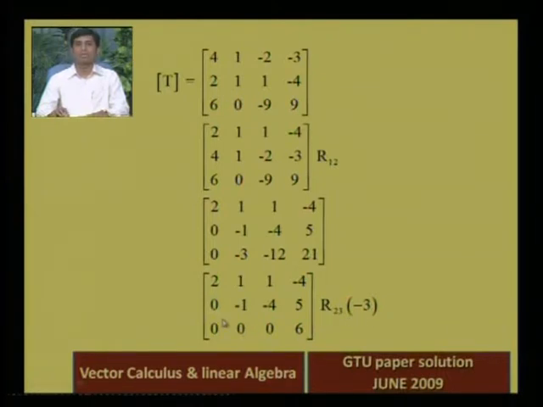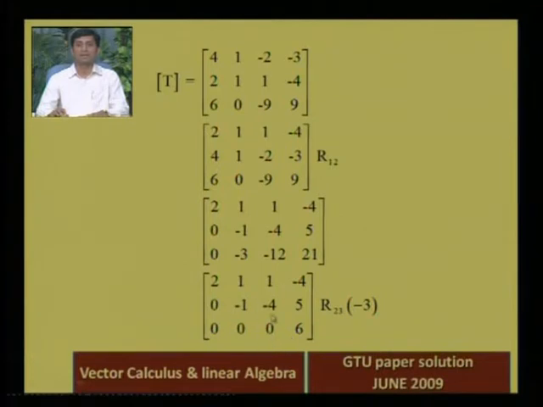So the third row becomes 0, -3 plus 3 that is 0, -12 minus 4 into -3, so that is 0, and then 21 minus 15, that is 5 into 3, so that is 6. So the third row becomes 0 0 0 6.